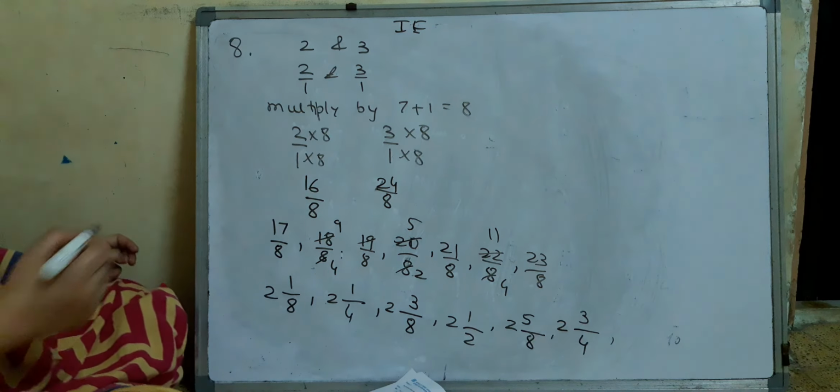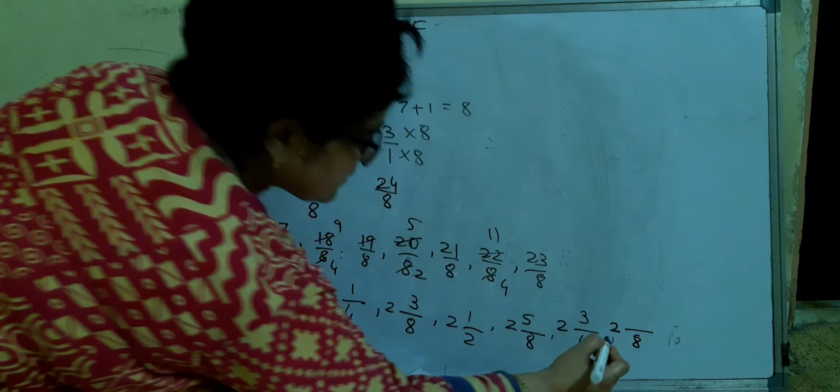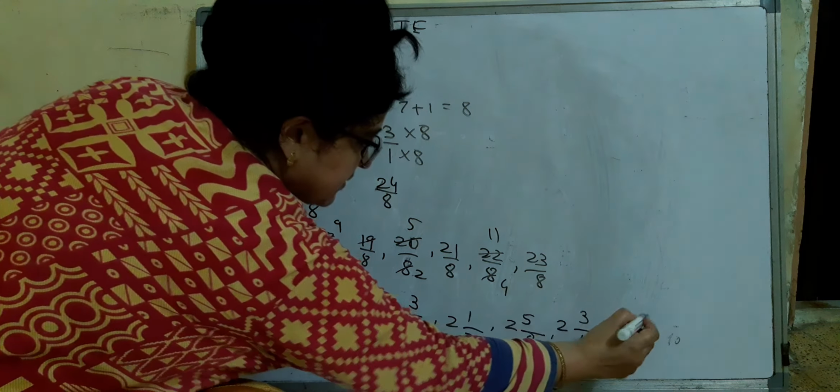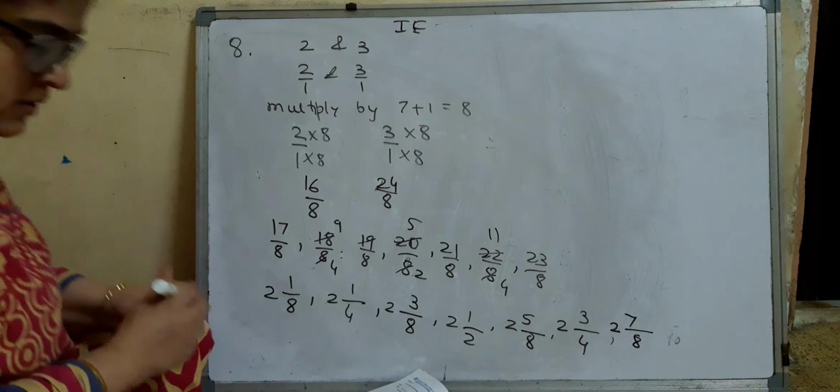And 23 upon 8: 2 eights are 16, remainder 7. So these are all 7 rational numbers between them.